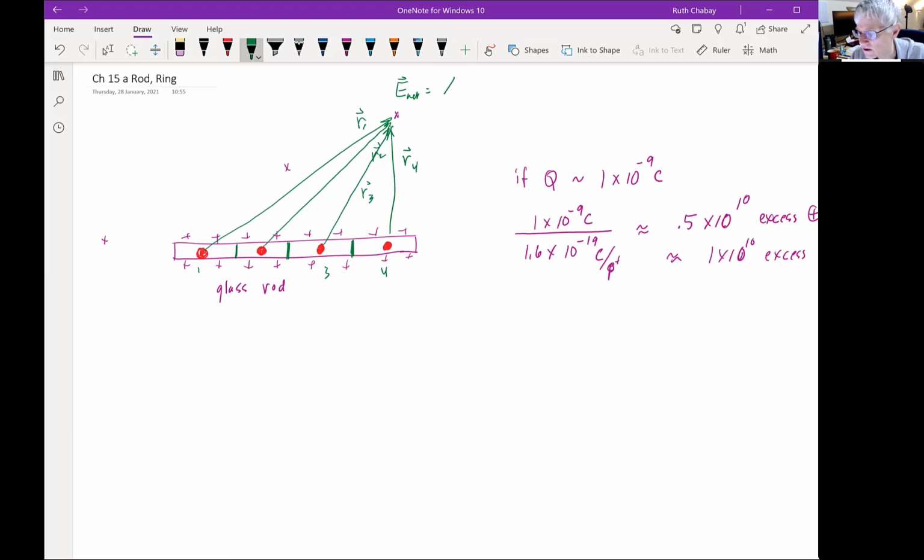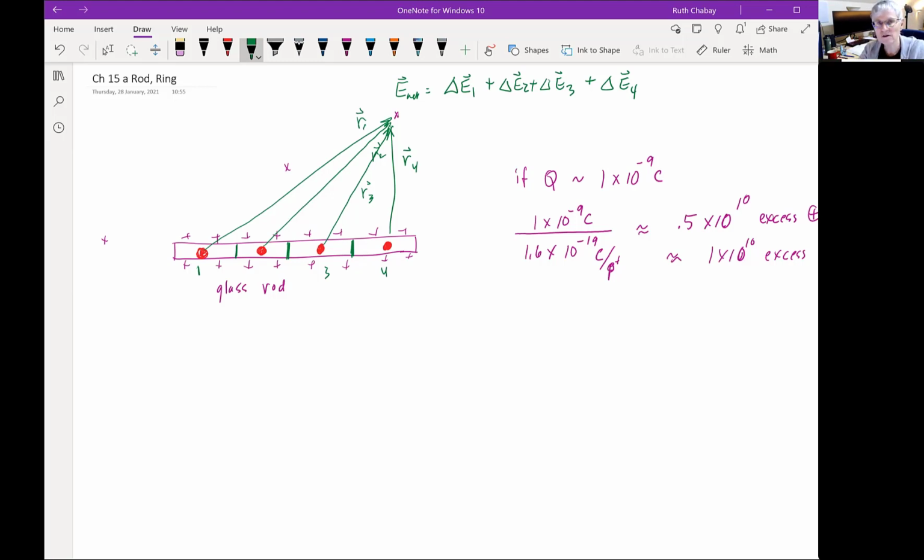We're going to write this as delta E sub 1, because it's only a piece of E. It's the piece of E due to segment 1 here, plus delta E sub 2 plus delta E sub 3 plus delta E sub 4. So that's the scheme we're going to be using to add up contributions to electric field to get the net electric field. This is very general.